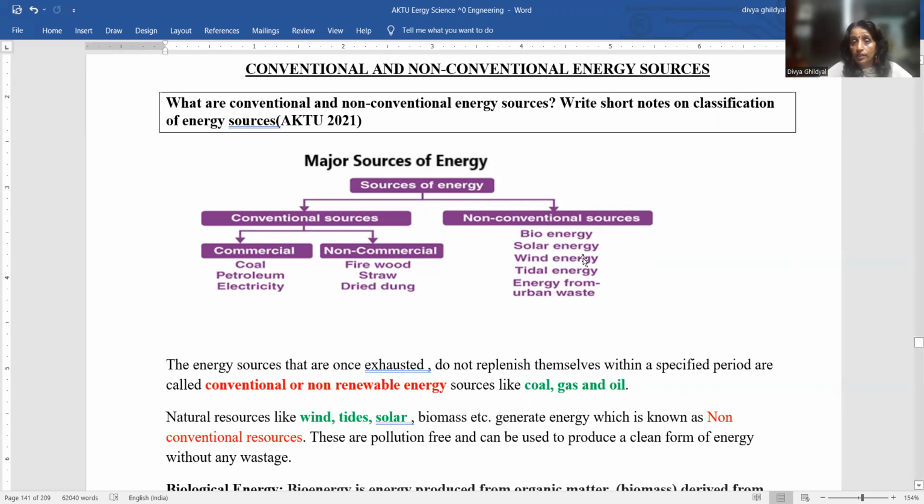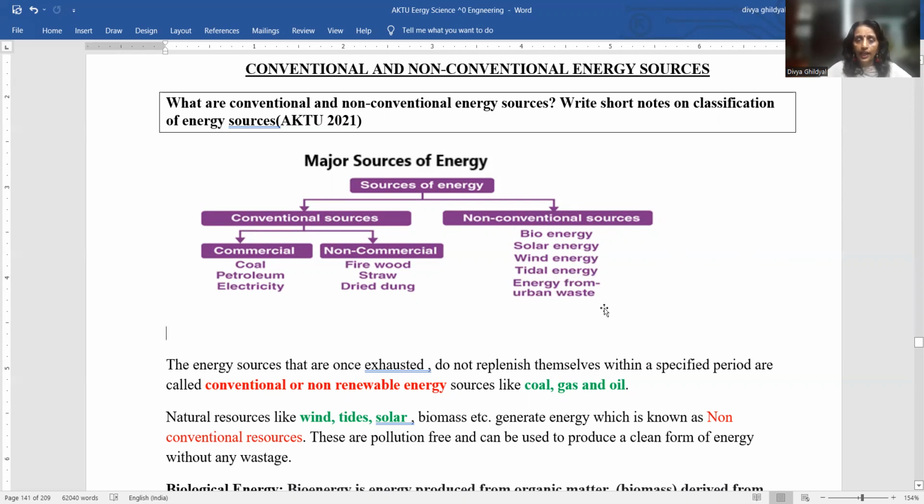Solar energy, unit 3, please check my playlist of unit 3, I have explained solar energy in detail. Wind turbines, windmills, wind farms. When the wind rotates the blades of these turbines and farms, it generates electricity. Tidal, that is the waves, when the wave movement goes up and down, tides. And energy from urban waste.